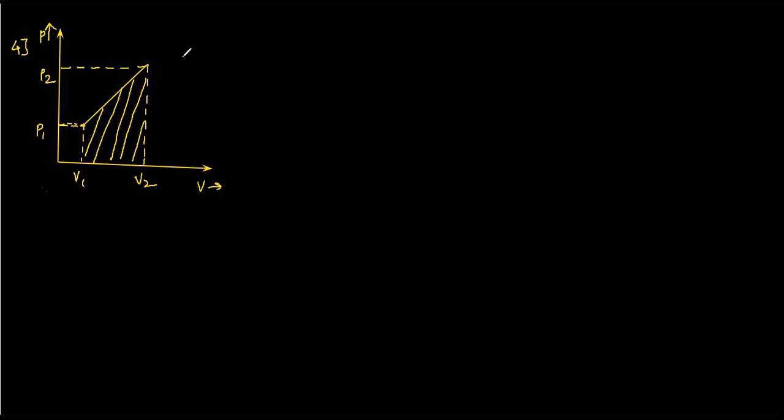Yes, here you will get the area of a trapezium. If I give the points A, B, C and D, then work is equal to the area of trapezium ABCD.